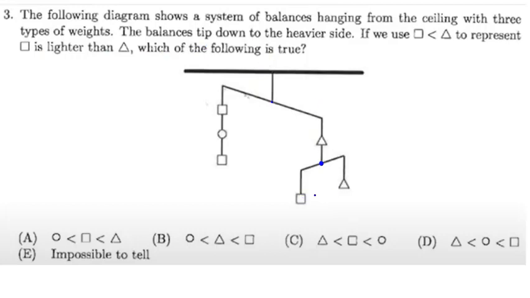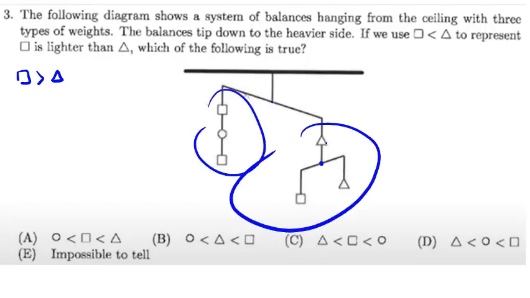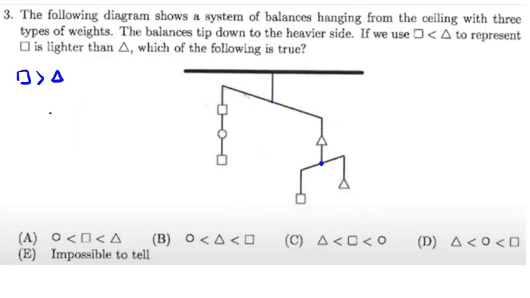Okay, here if you pay attention, square is heavier than triangle, and if you consider this part and this part, it is heavier. So we can say 2 triangle plus square is heavier than square plus square, which is 2 square plus a circle. Let's simplify it first. Subtract the square from both sides. So here we can say 2 triangle is less than 2 square.